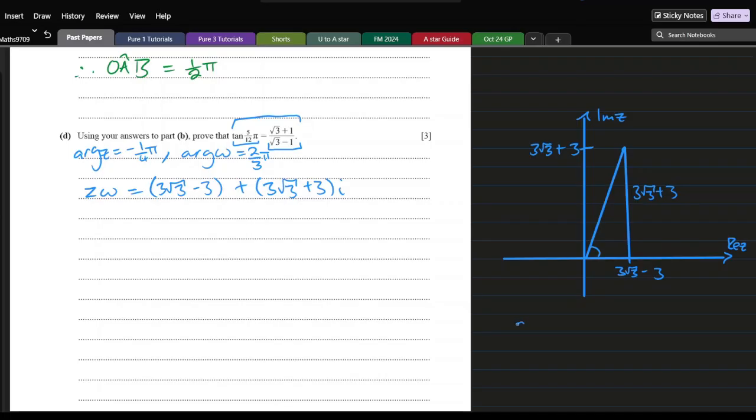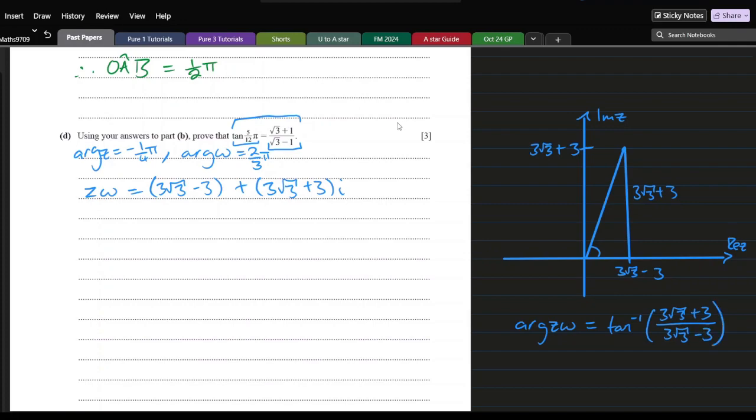So we're saying the argument of z omega is equal to arctan of the opposite, which is 3 root 3 plus 3, over the adjacent, which is 3 root 3 minus 3.